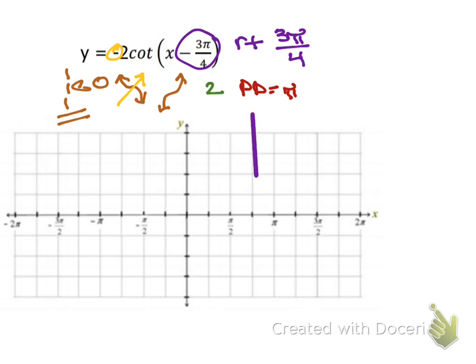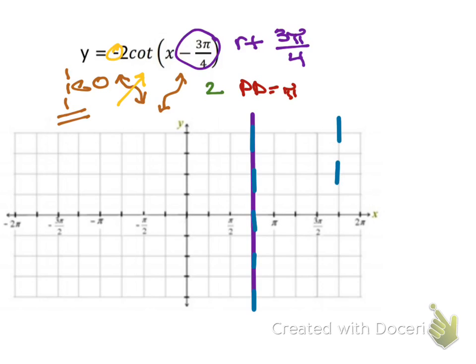Looking right, pi over 4, there is my new y-axis. Cotangent starts with an asymptote, which means that I'll put an asymptote over that new y-axis. And then we have another asymptote pi away, so 4 boxes away.